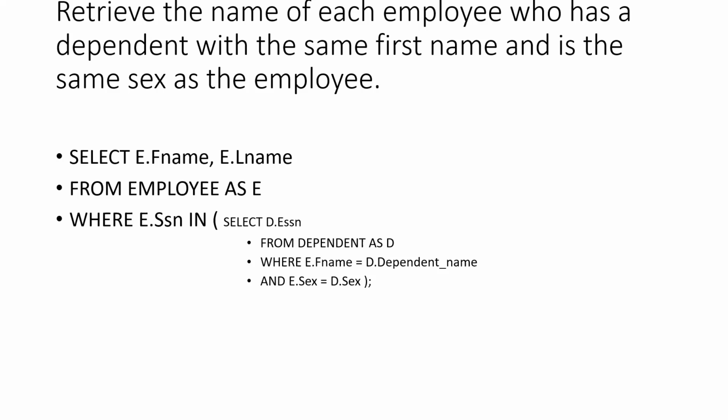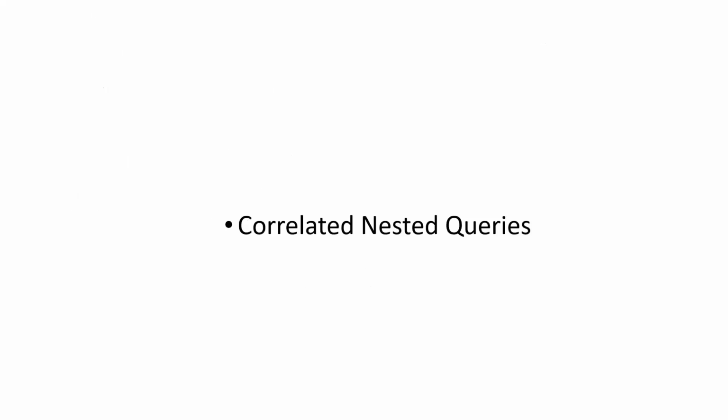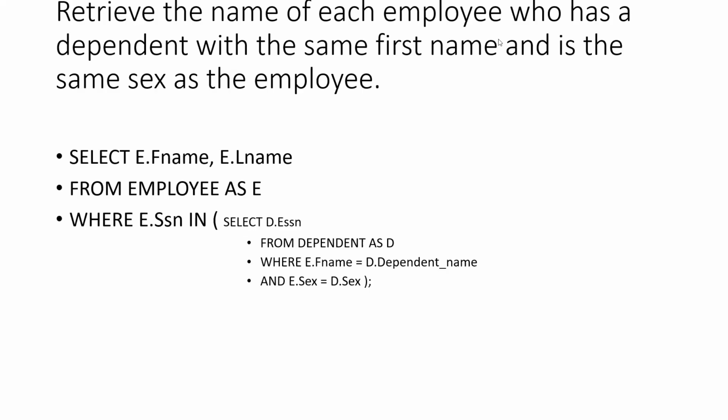If the employee SSNs match, then their names are selected in the outer query. Select E dot first name, E dot last name from employee as E, where E dot SSN in. Okay, thank you.